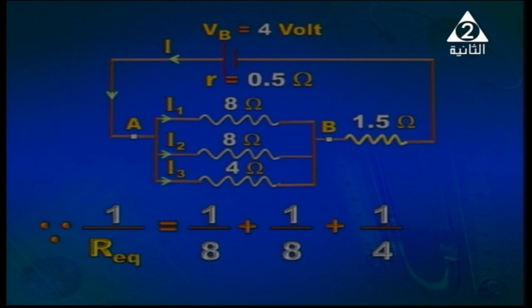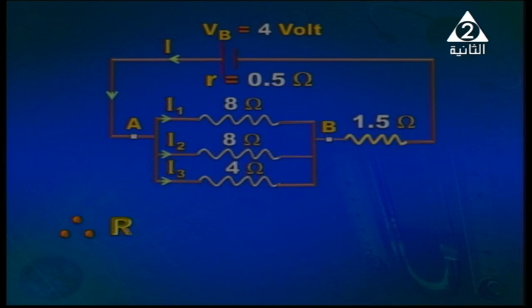Now I am calculating R equivalent of the 3 resistors connected in parallel. 1 over 8 plus 1 over 8 plus 1 over 4 is equal to 1 over 2. So R equivalent is 2 ohm. So R equivalent of the resistors 8, 8, and 4 is equal to 2 ohm.